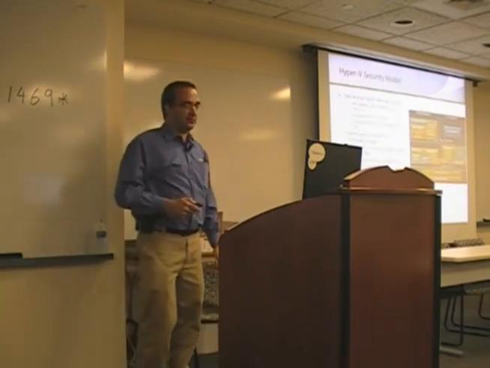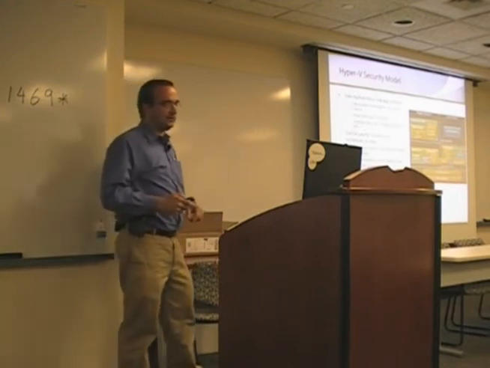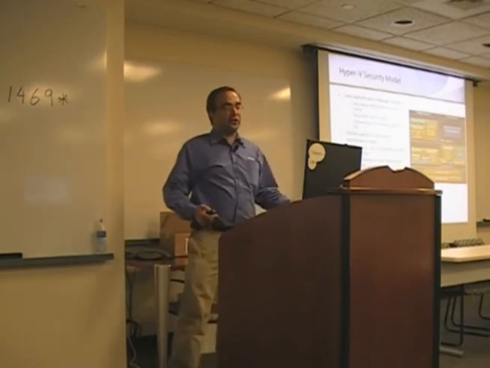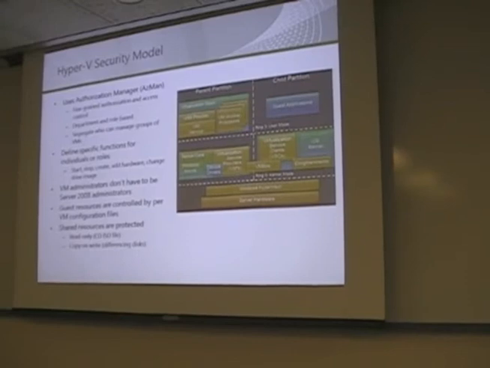So the Hyper-V security model. There were some questions about AD. I think this is where that's going to come up, this slide or the next one. Yeah, this slide. All right. It uses Authorization Manager, AzMan: fine-grained authorization and access control, department and role-based, to segment who can manage groups of VMs. So you can have different types of management of your different virtual machines. You can define specific functions for individual users or roles.